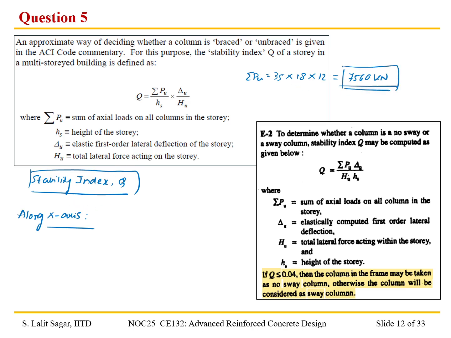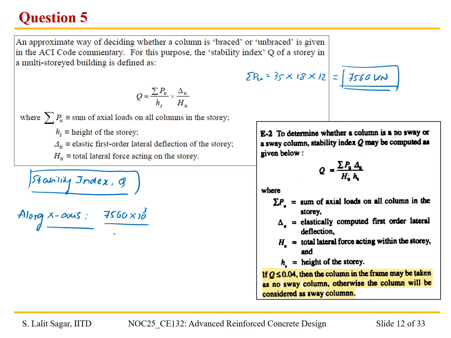Now let us find the value. 7560 into 10 to the power 3, because remember we are going to convert all the force units into Newton and all the length or displacement units into millimeter.